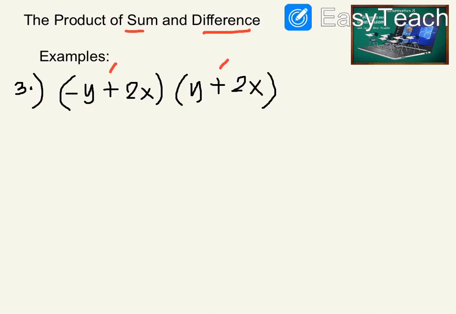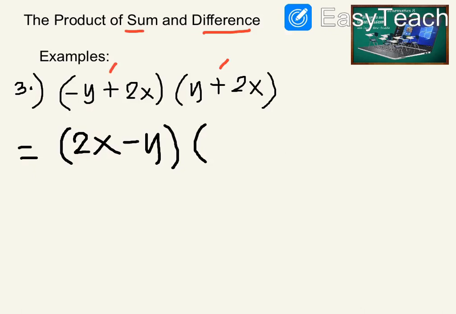so this is tricky. So all you have to do is to rearrange the first quantity. Okay, so rearranging that, you will end up with 2x is positive, so therefore that is supposed to be positive 2x, and then y is supposed to be negative y, so that would mean minus y. Then the other quantity, you rearrange it since it is addition, and addition is commutative, so it doesn't affect the sum. y plus 2x is also the same as 2x plus y, so why not rearrange it?